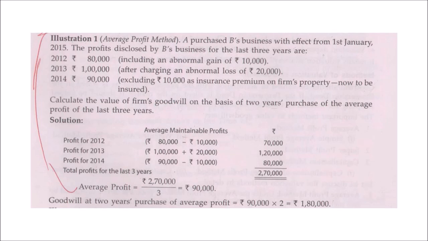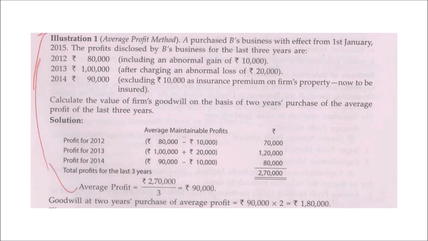It is the amount after charging an abnormal loss of rupees 20,000. And the year 2014, the amount given is 90,000 rupees. It excluded rupees 10,000 as insurance premium on firm's property, now to be insured.